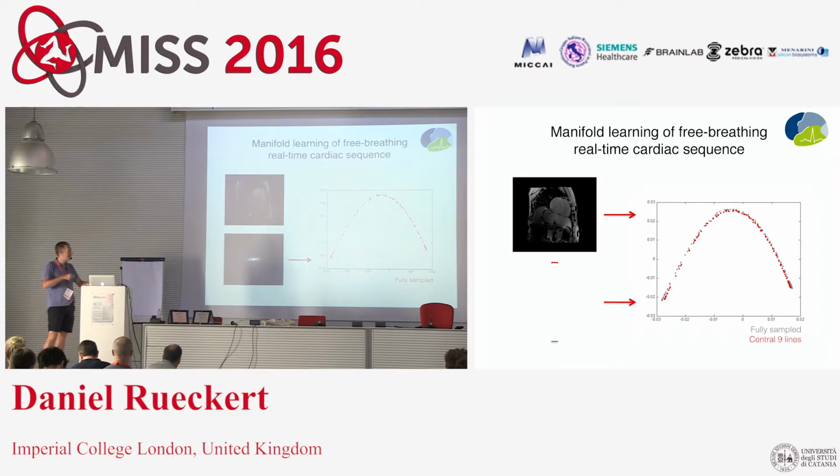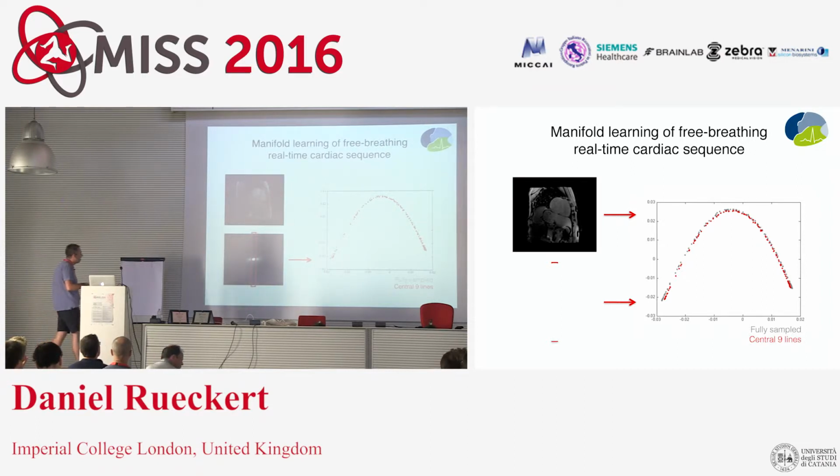And so if I learn that data, you probably see that the data will lie in 2 dimensions along this curve, and this curve somehow represents both cardiac contraction as well as breathing motion as the 2 degrees of freedom, okay? However, it turns out that if I construct a manifold only from the central lines of k-space, I get virtually the same manifold structure, okay?